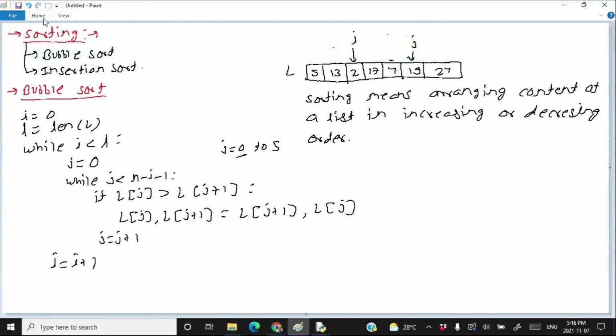This is i. Again put j at 0, because after updating i, if it is less than the total length, then you have to set the value of j at 0.